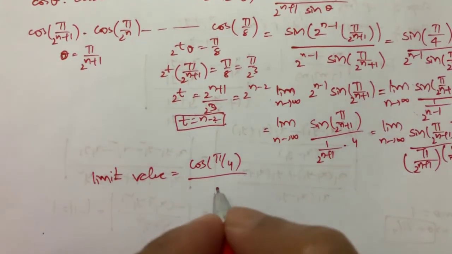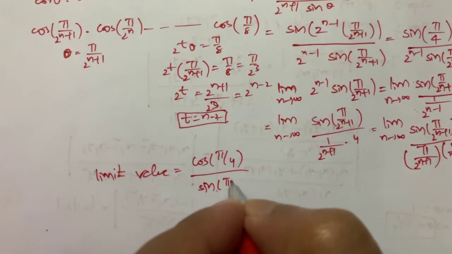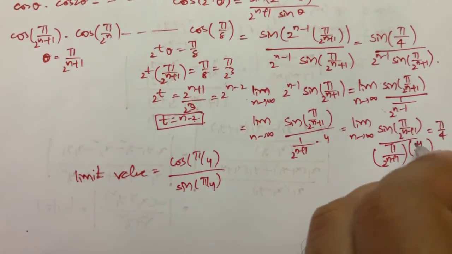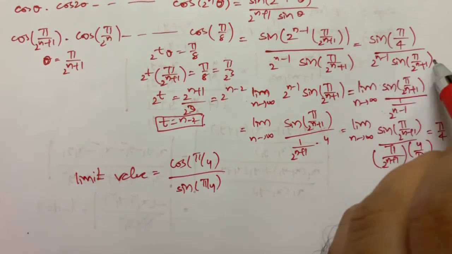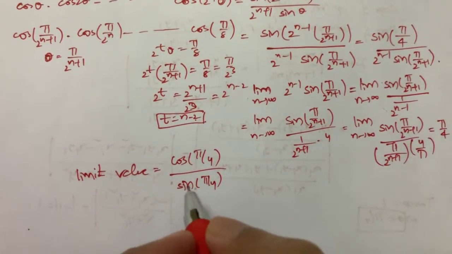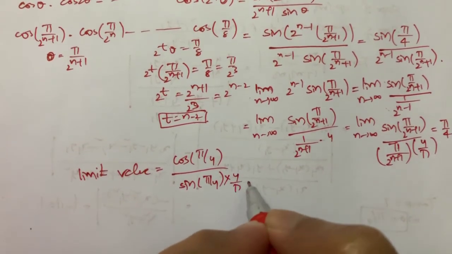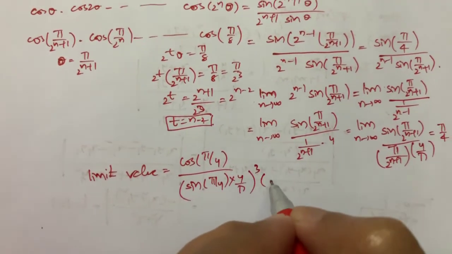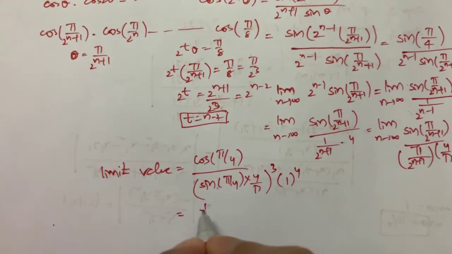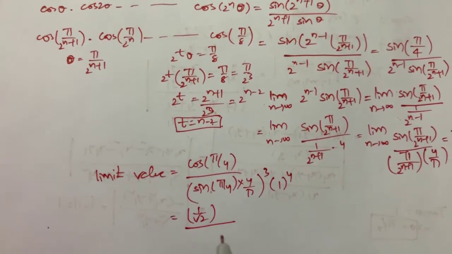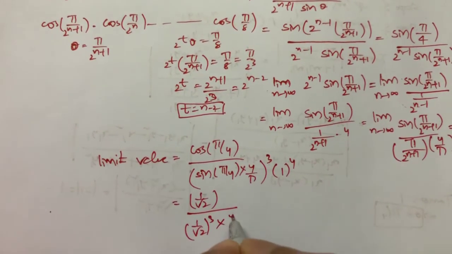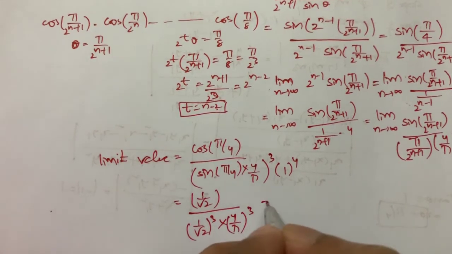So sin pi by 4, and again for the denominator we have pi by 4. So we can write it as 4 by pi whole cube, and this is 1 power 4. So cos pi by 4 is 1 by root 2, so it is 1 by root 2 whole cube into 4 by pi whole cube.